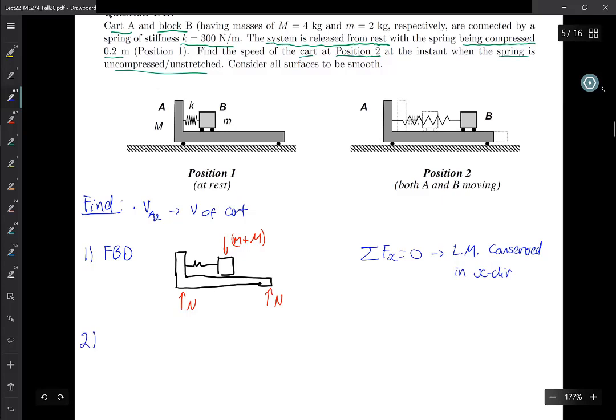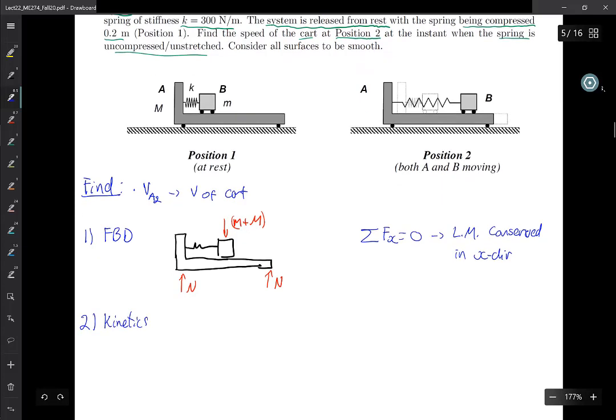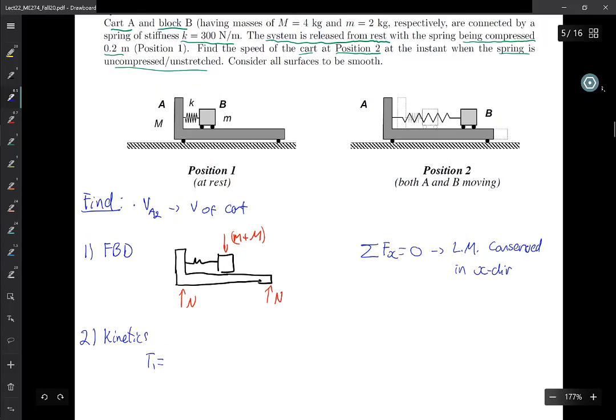Now, let's do kinetics. Work energy is a little bit more intuitive for everyone, so let's start with that. The kinetic energy in position 1 is zero, since we start from rest.